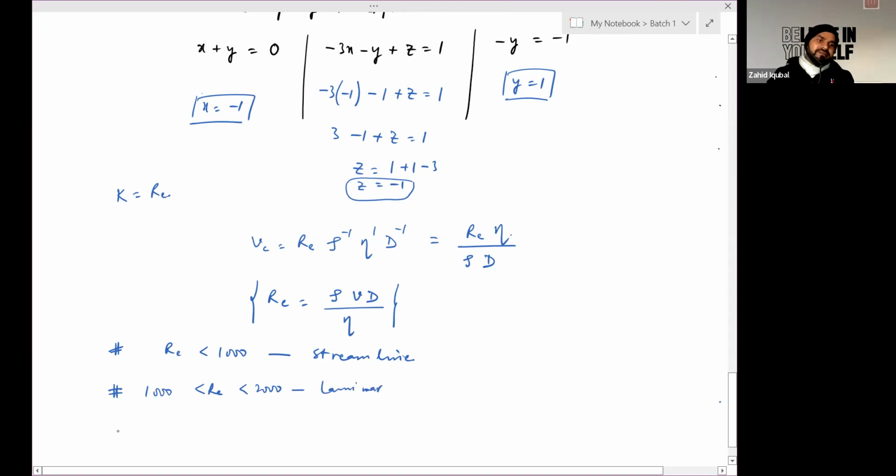And if Reynolds number is greater than 2000 and less than 3000, it will be unstable, between laminar and turbulent. And if Reynolds number is greater than 3000, then it will be turbulent.